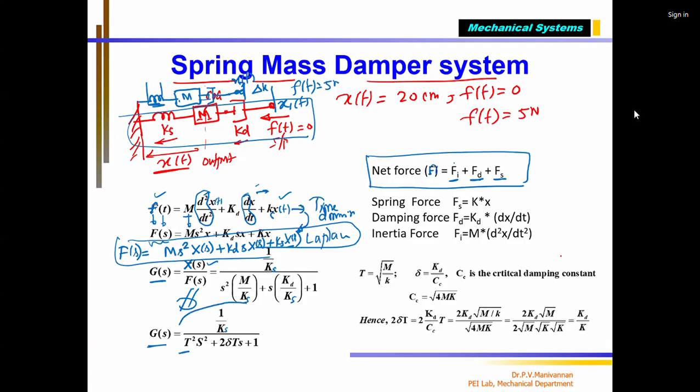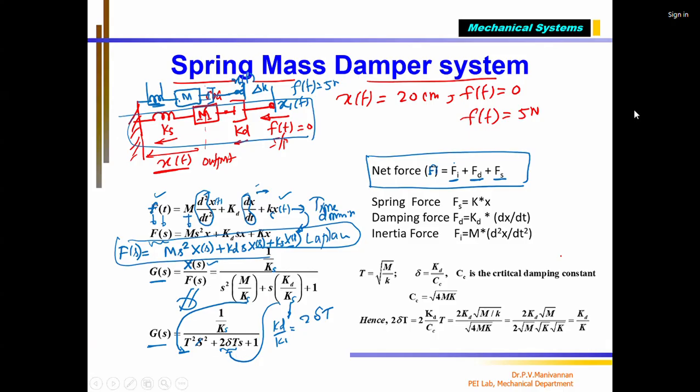This term is written as T square into s square, because the s is here only, the small s. Then the second term, kd divided by ks, can be written as 2 delta T, capital T. So this term is written as 2 delta T. Then the rest remains as it is.